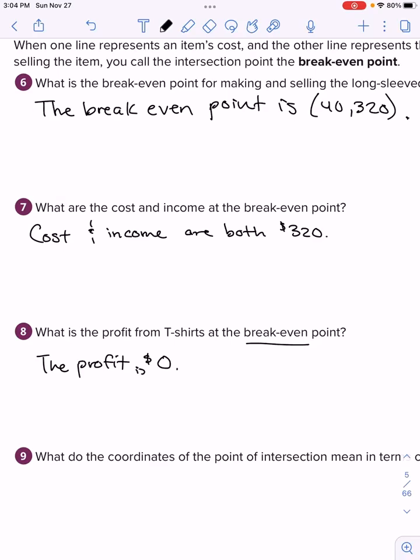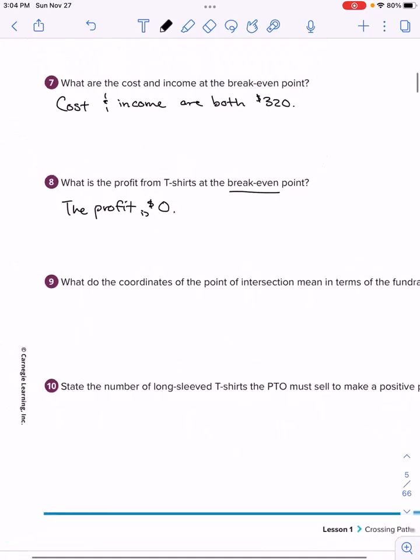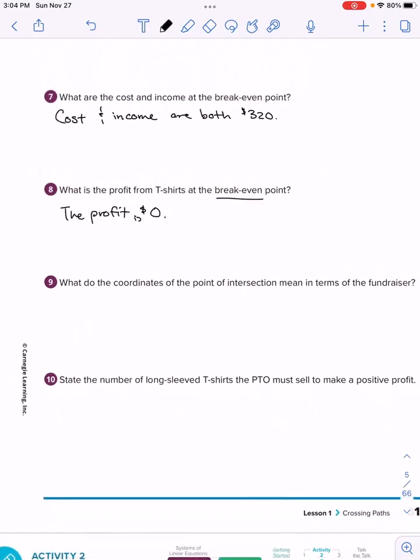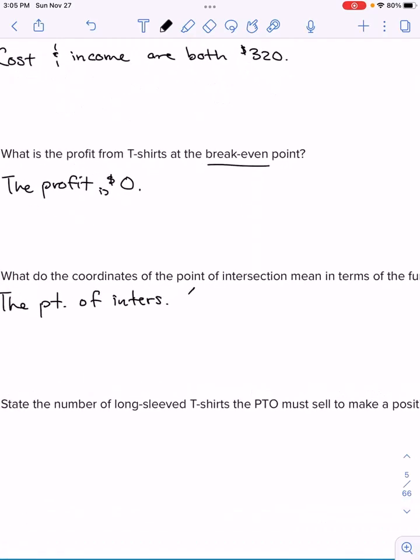All right, and last two parts for number 9. What do the coordinates of the point of intersection mean in terms of the fundraiser? Okay, so the point of intersection, I'll put PT for point of intersection, 40, 320.